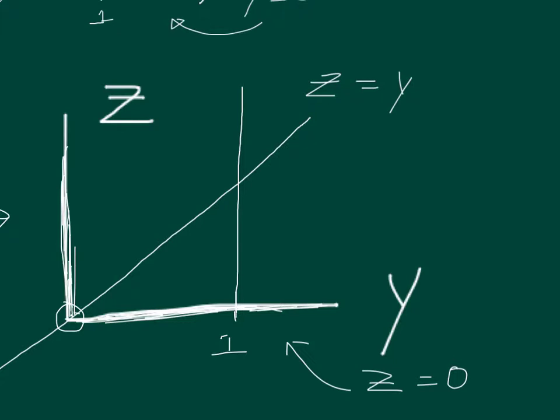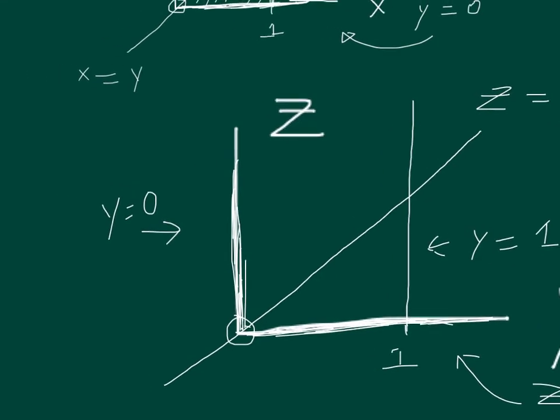And so now we have an actual bounded region. It's bounded by z is equal to y, z is equal to 0, and y is equal to 1. So I'll go ahead and indicate that. I'll probably put that here: y is equal to positive 1. Point at that. So there you go. Now you're probably saying, well, whatever happened to this function here, y is equal to 0?